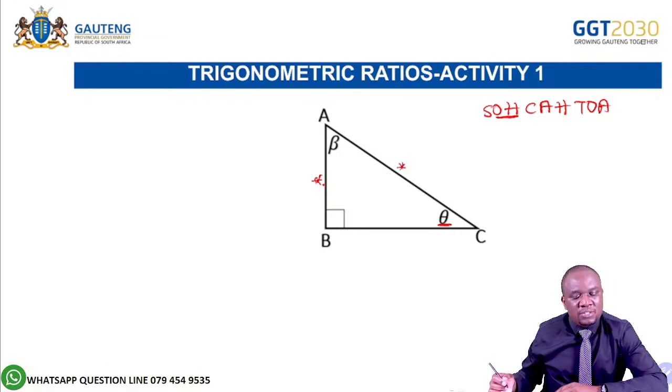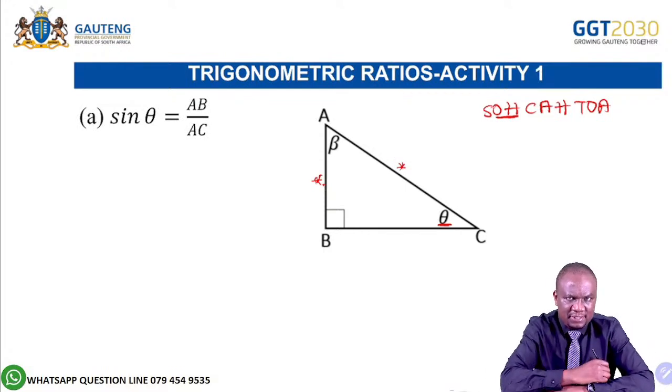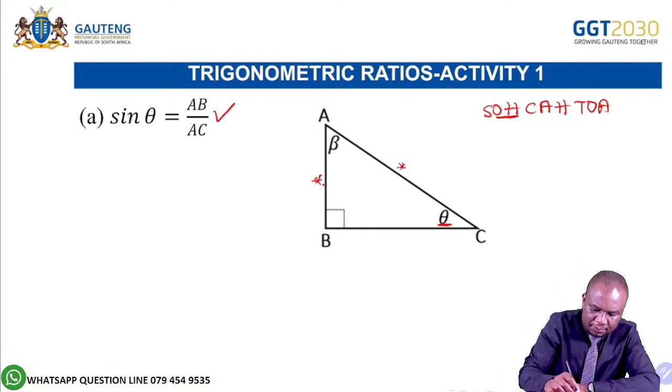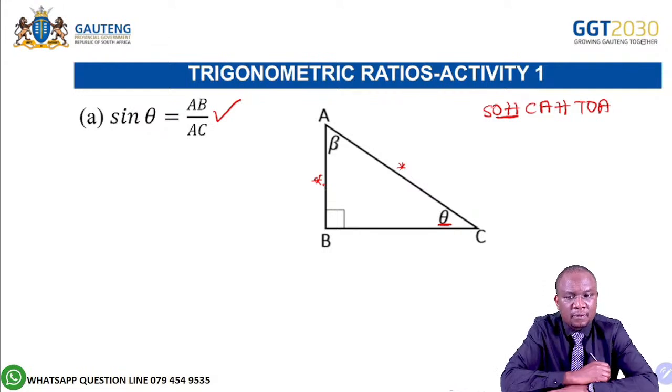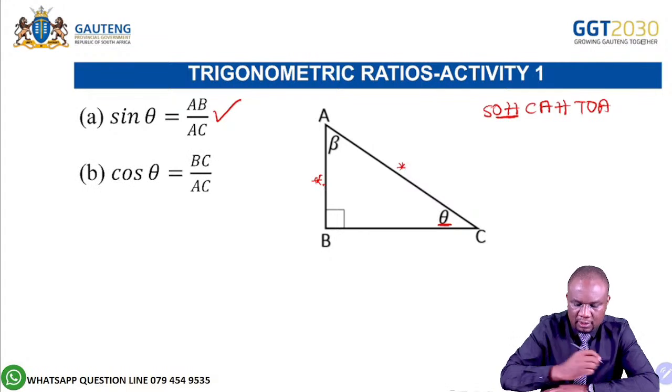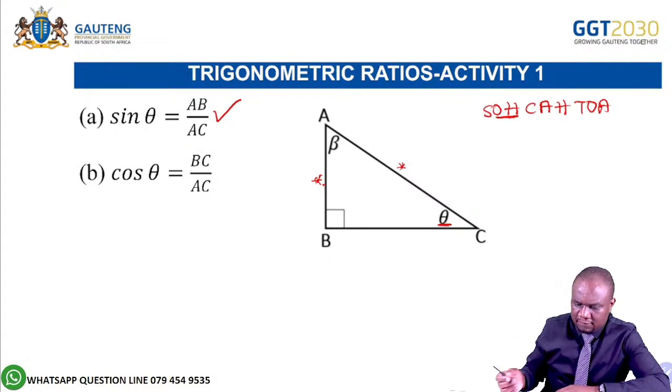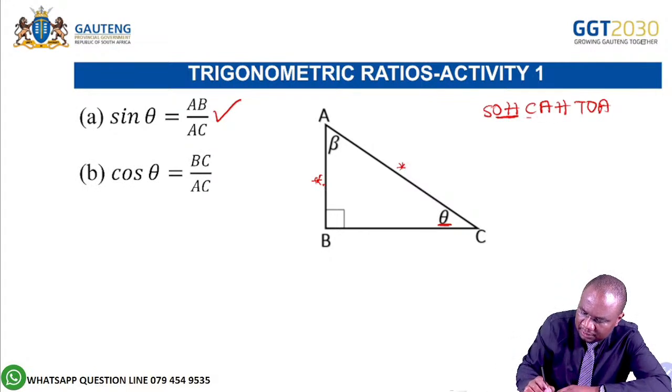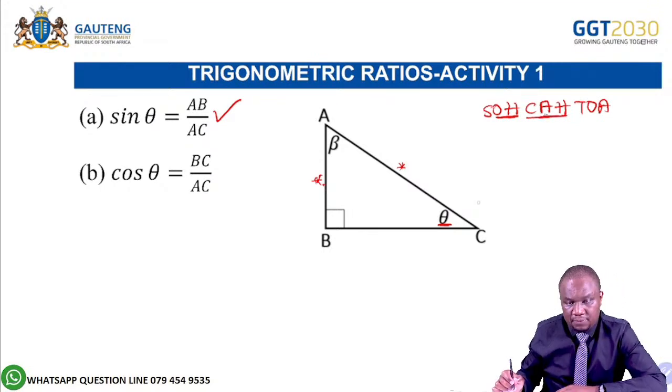So sine theta is AB over AC. Let's mark that. Okay, let's do B. I've given you the answer before discussing, it's fine. Now, cos theta is adjacent over hypotenuse.